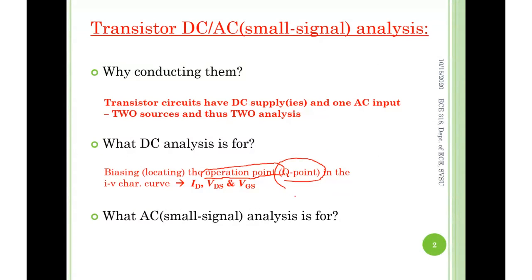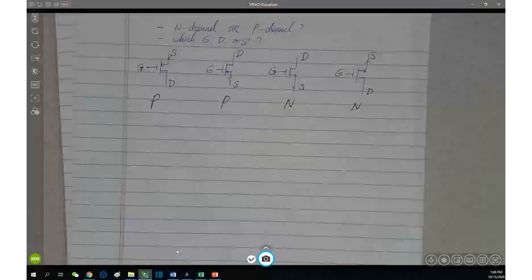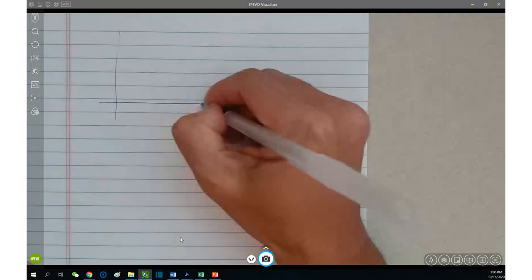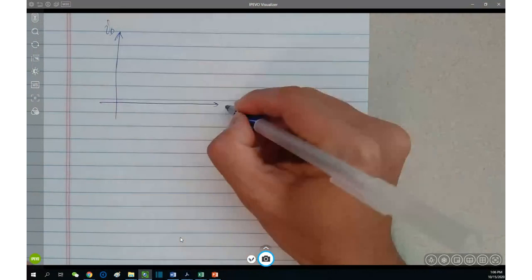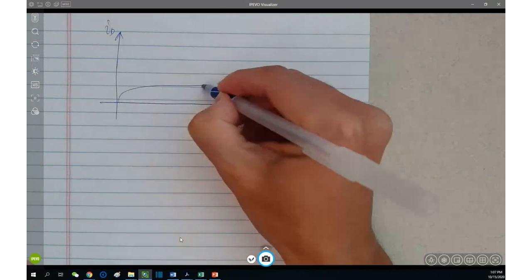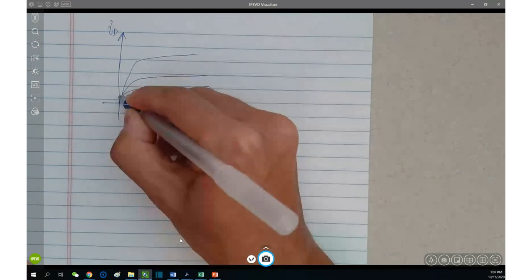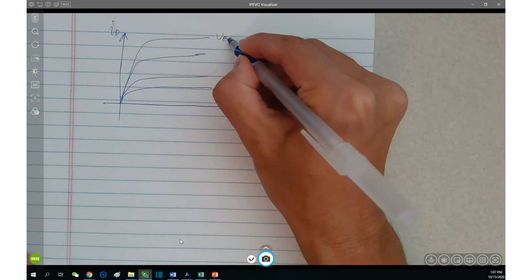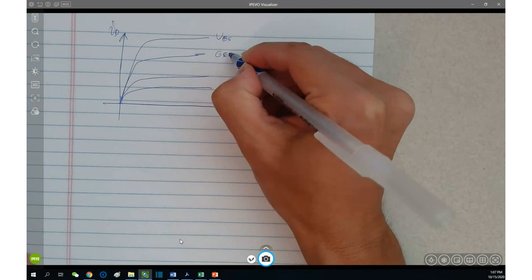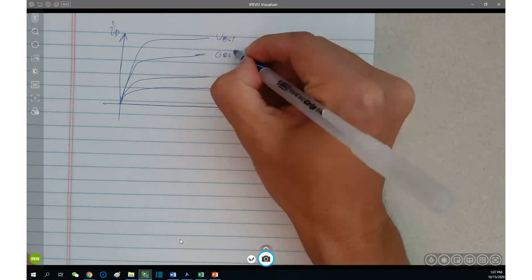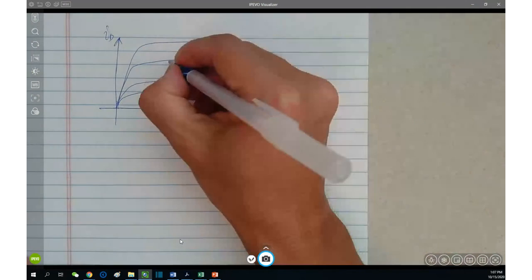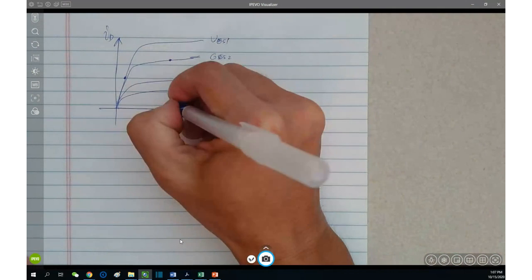Remember, the IV curve looks like this way: ID versus VDS. These are multiple IV curves corresponding to different VGS. DC analysis can locate your operation point here, here, or here.